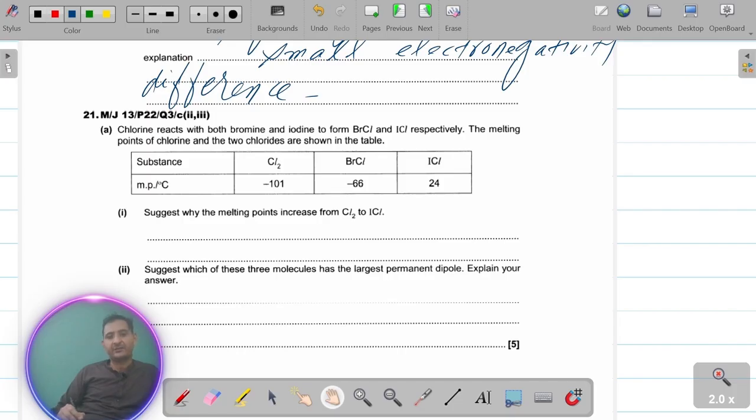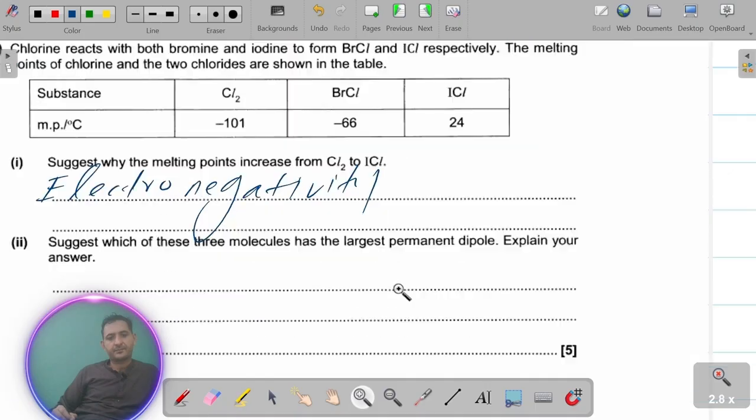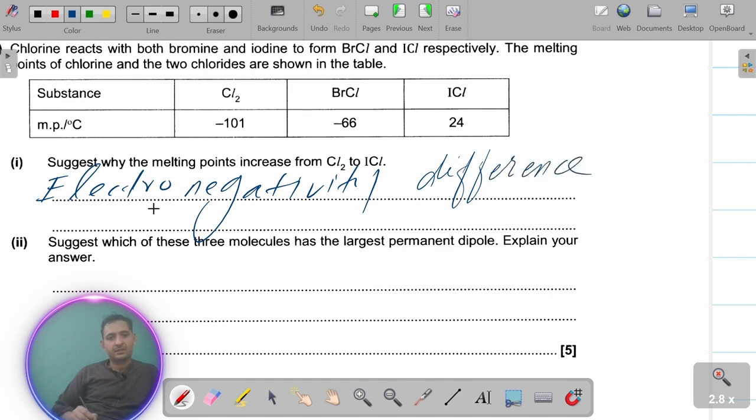Because the electronegativity difference is increasing.